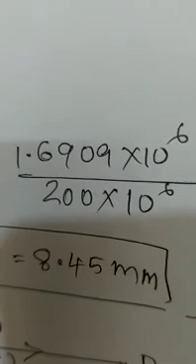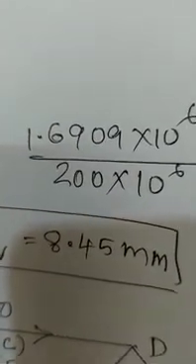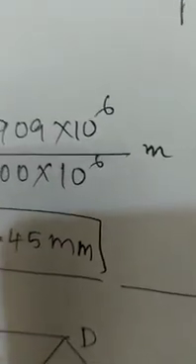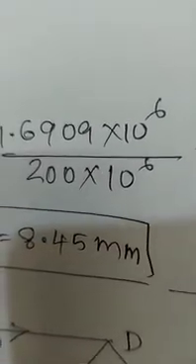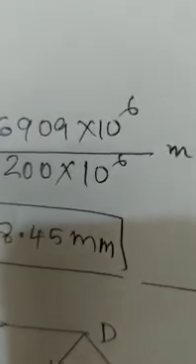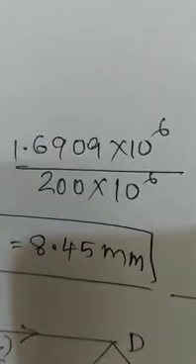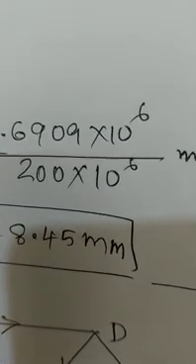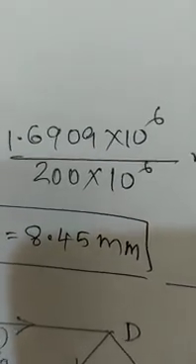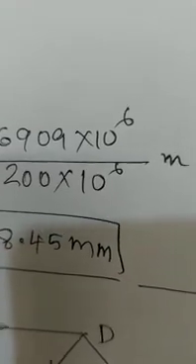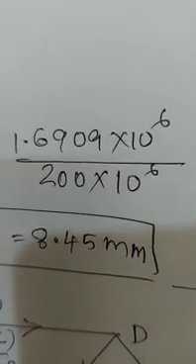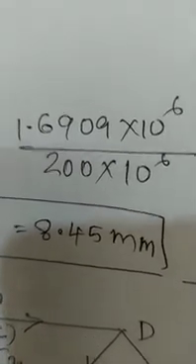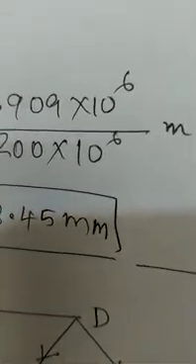When converted into kilonewton and meter, it becomes 200 into 10 power of 6 kilonewton per meter square. E should be substituted in kilonewton per meter square only, because all loads have been taken in kilonewton, and all distances and areas have been taken in meters. So the denominator E should also be in kilonewton and meter.